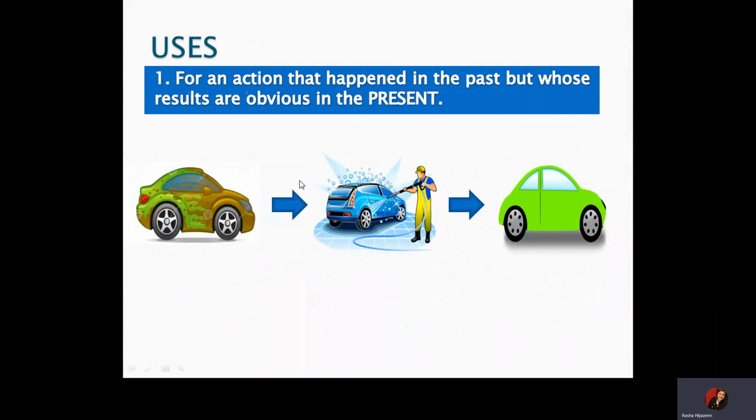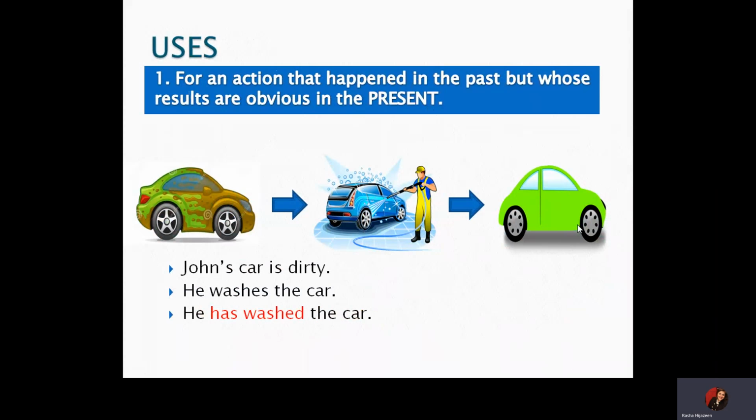So here the action happened in the past, but results are obvious in present. Okay, we have a clean car. John's car is dirty. He washed the car. What happened? John has washed the car. Or he has washed the car.